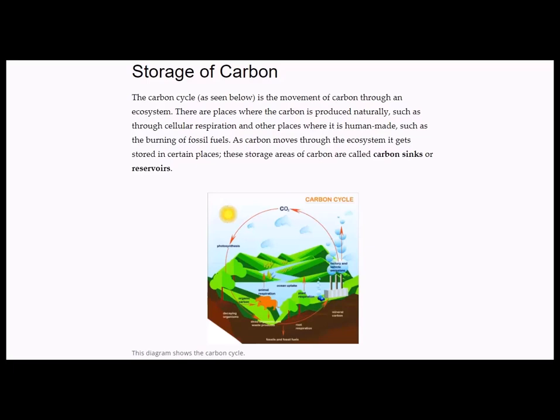They all have carbon. Carbon's everywhere. But the form that it's in and where it is matters in terms of the stability of the environment because it's reactive. It has a lot of different effects on different things. So we are going to talk about where that carbon is stored naturally and some of the places where it's being stored unnaturally.